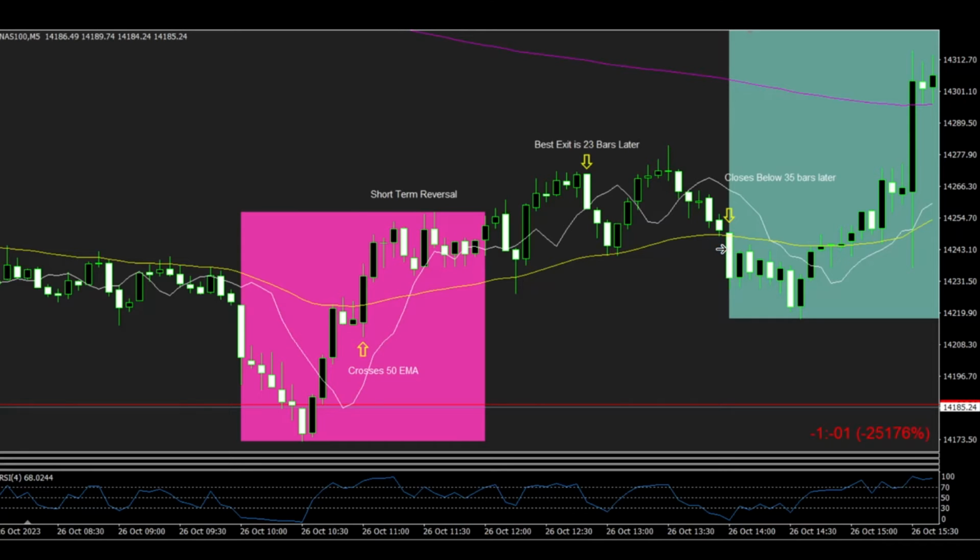Like we stated earlier, between 20 and 25 candles or bars is where you should look to exit your trade. And as we see here at 23, this is the best entry. And we can use the 4-period EMA alongside of the 50-period EMA to help us make that decision.